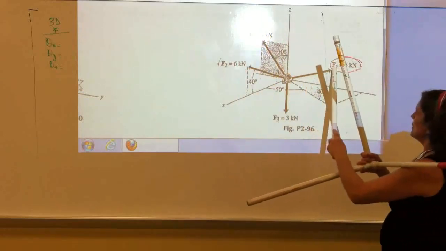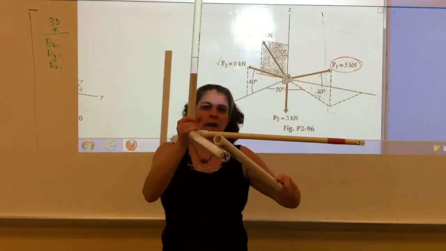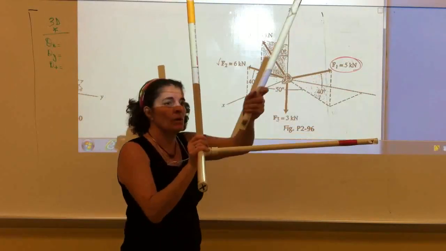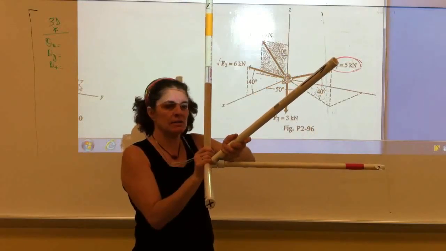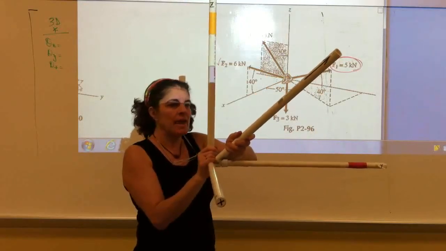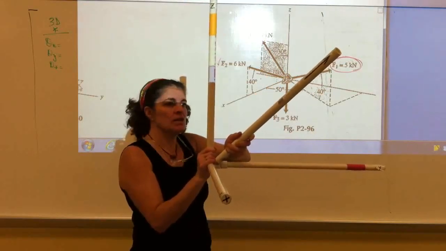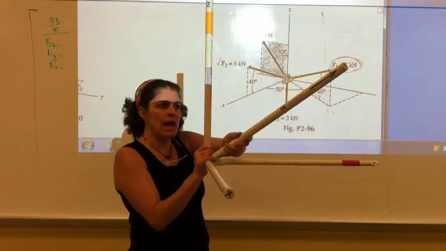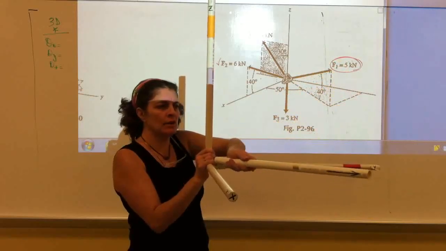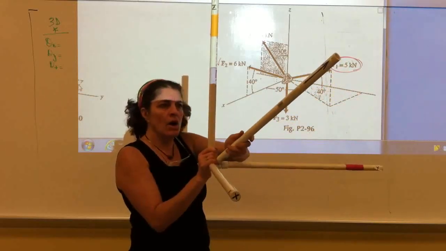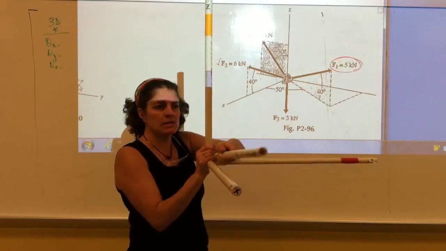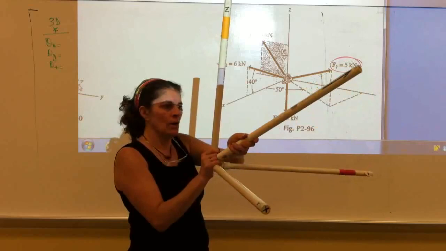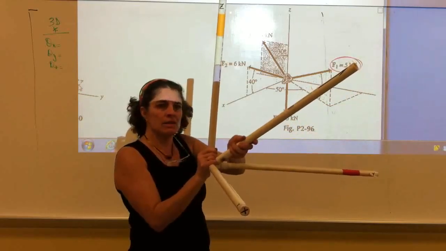Let's take a look at what's going on here for F1. X-axis, y-axis, z-axis, and this, F1, is going into that first octant. The angle they're giving us is 40 degrees, projected down onto the xy plane. Are they giving us theta x? No. Theta y? No. Theta z?